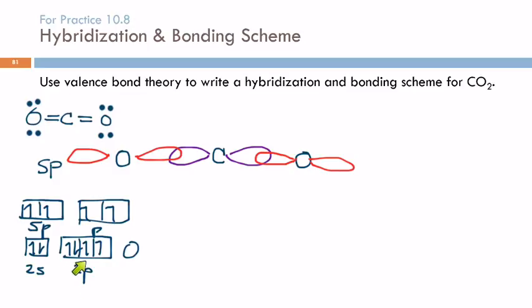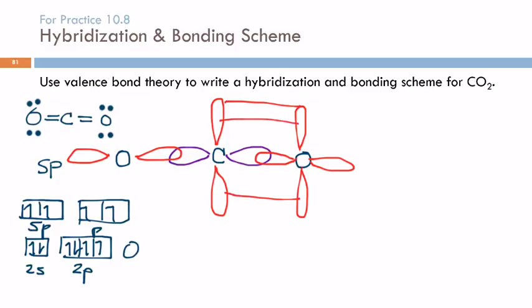Oxygen has another p orbital here that's half full, right? So that's going to form a pi bond. And the carbon has an unhybridized p orbital, right? And so these are going to overlap and form a pi bond.